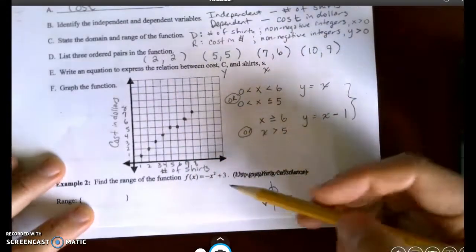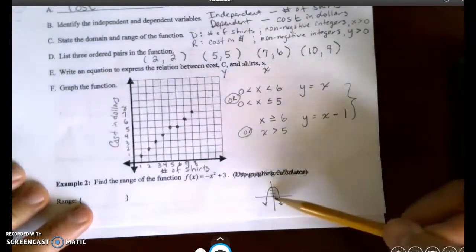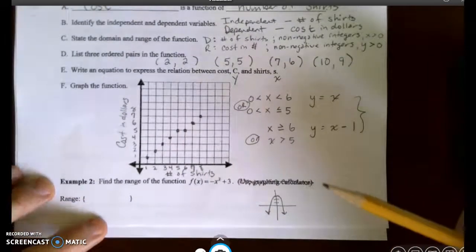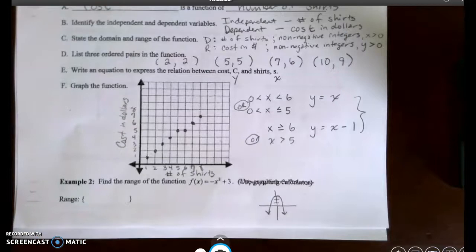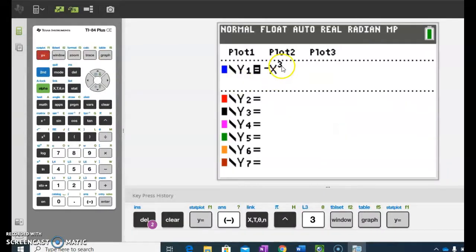Now, if you did not remember that, you could have pulled this up on your graphing calculator, gone up through, and you would have gotten the same graph here. I can actually show you that right now. All right, so let's go in the graphing calculator, and I've got to clear this out here.